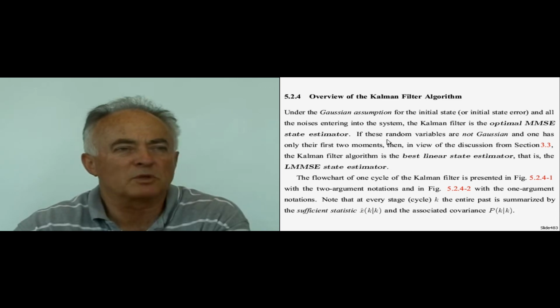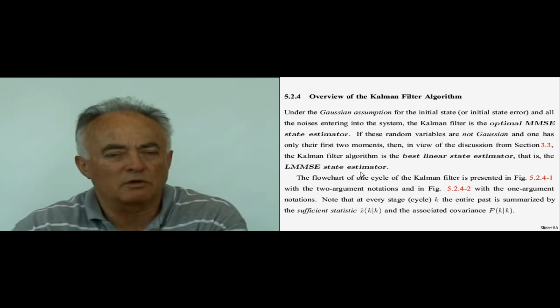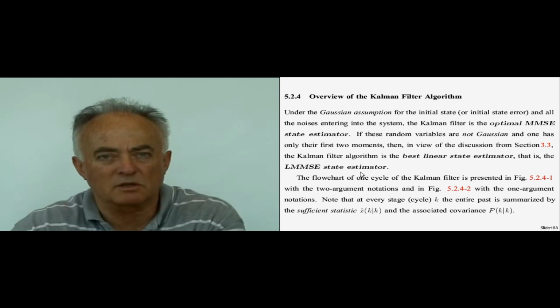If these random variables are not Gaussian, one has only their first two moments, then, exactly as it was discussed in section 3.3, the Kalman filter algorithm is the best linear state estimator. In other words, it is the linear minimum mean square error state estimator. So it's very important to know, if things are not Gaussian, we are doing the best within the limitations of a linear algorithm, which in most cases is satisfactory.